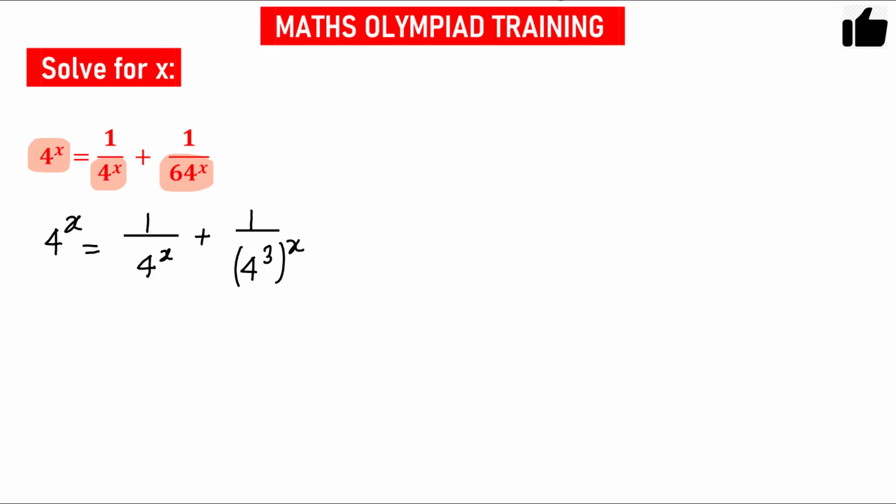Now if you remember, there is a rule in exponents: if we have a raised to the power m and this raised to the power n, this can be written as a raised to the power m times n, or this can also be written as a raised to the power n raised to the power m. So basically the exponent changes its position. In this case n is outside the bracket, now here n is inside the bracket. In this case m is inside, but now here m is outside. So we can change the position of the exponent.